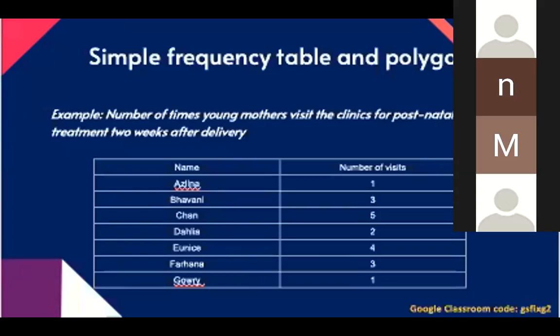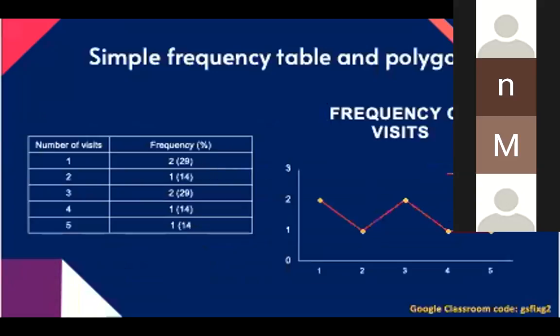So this is considered as raw data. So you may want to report this as things like this. So from the raw data, you can report a study as frequency of visits using a simple polygon chart, also called a line chart. So typically on the left is what you would report in table form.